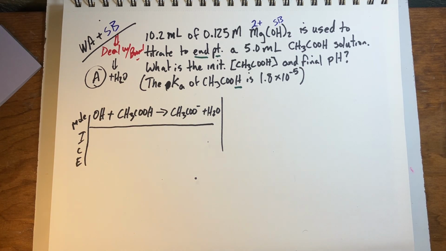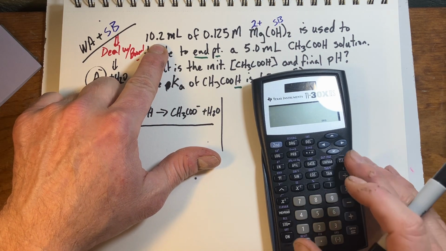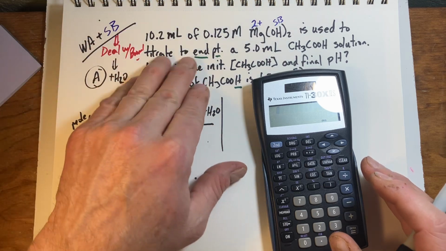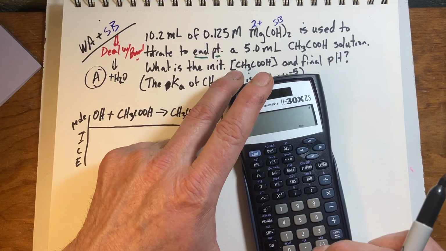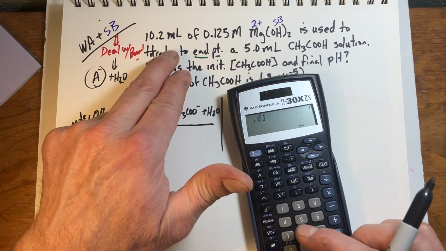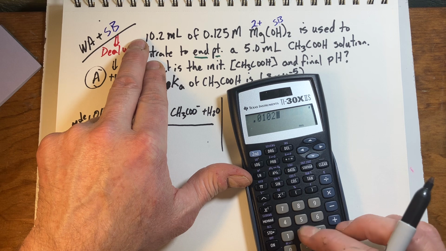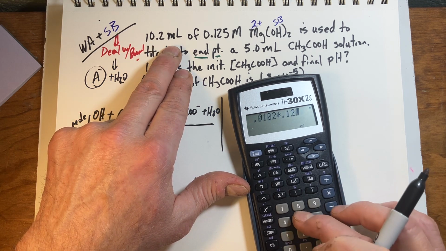So we can take the milliliter amount of the strong base, our titrant. We can standardize a base solution. We've done that in lab, or will do it. So we can take our 0.01, because we moved the decimal place over 3 spots, 0.0102, and multiply that by the 0.125.